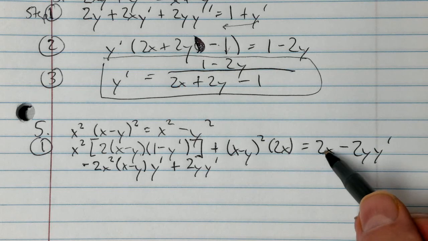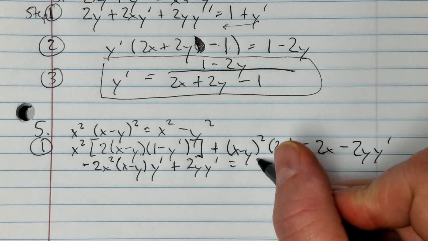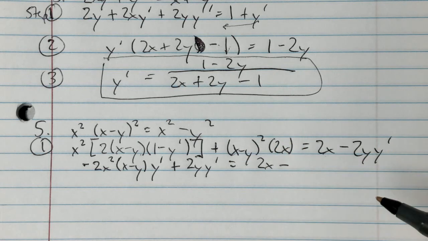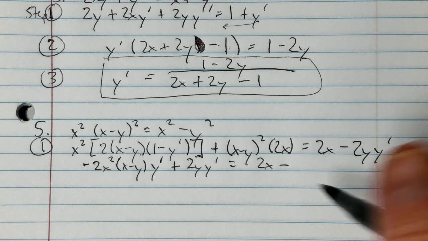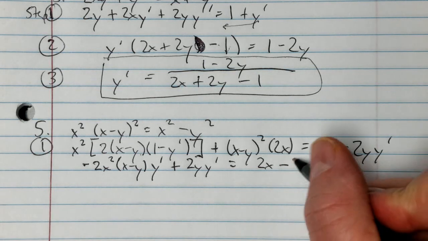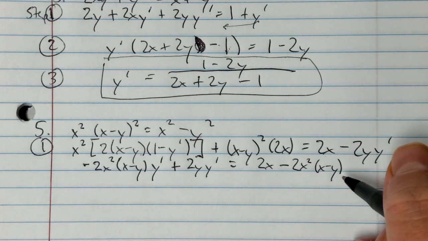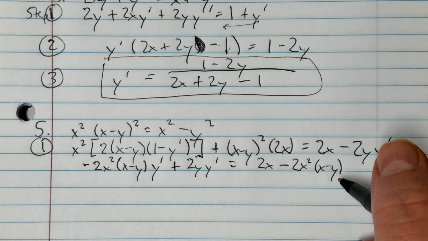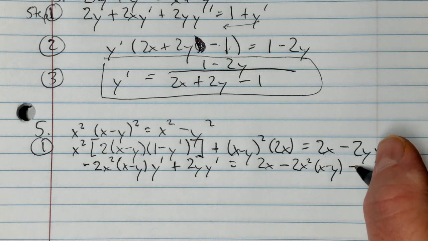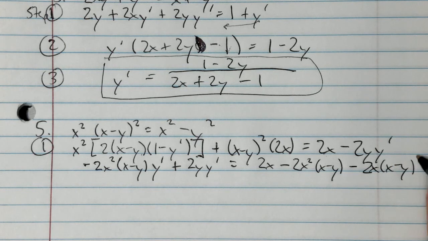And then moving more terms. We're going to keep the 2x where it is. And we're moving a 2x squared, x minus y, and a minus 2x, x minus y squared.